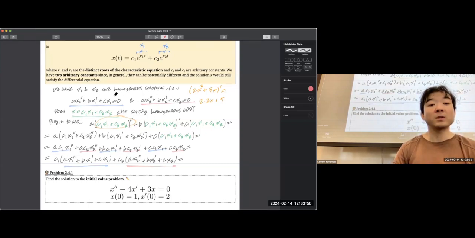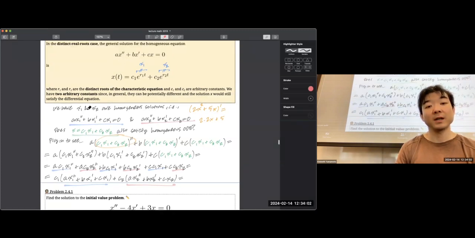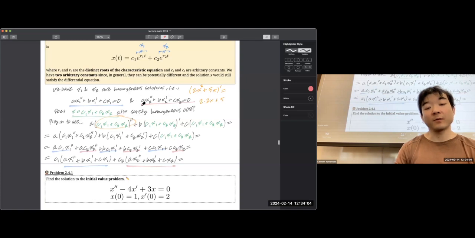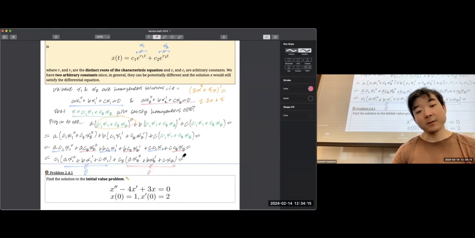We know that x1 and x2 are homogeneous solutions. So we know that if we plug them into this differential equation right here, then we get 0. And so that means that this expression here is equal to 0, and this expression here is equal to 0.